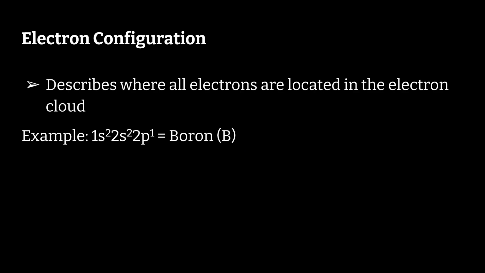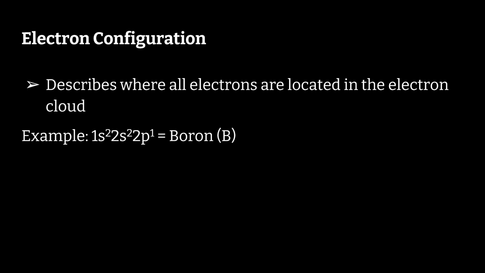Now, what we're going to get into is the electron configuration of this. The electron configuration describes where all of the electrons are located in the electron cloud. And so what we're going to end up having is 1s2, 2s2, 2p1, and that configuration is going to show that this atom is boron.